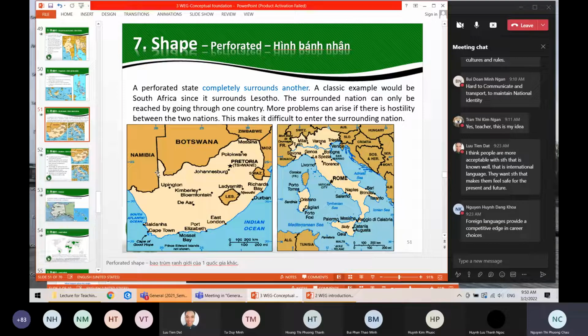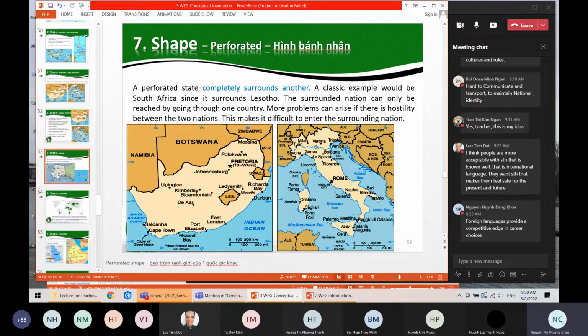Or if the smaller one has conflicts with the bigger one, it also brings some problems. However, we can see the smaller one has more disadvantage than the bigger one. Okay, so we move to the next shape of nation.